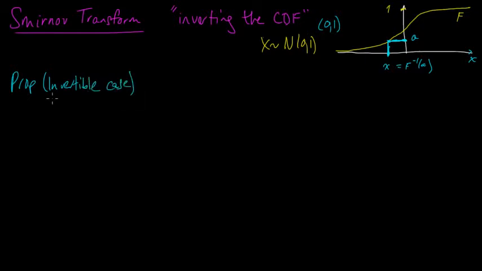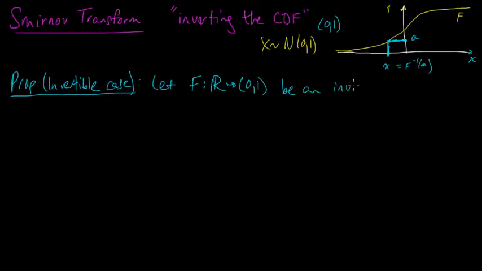In this case, we'll say, let F be a CDF, and actually, for this case, we want it to be to the open interval from 0 to 1. And it's going to be an invertible CDF.